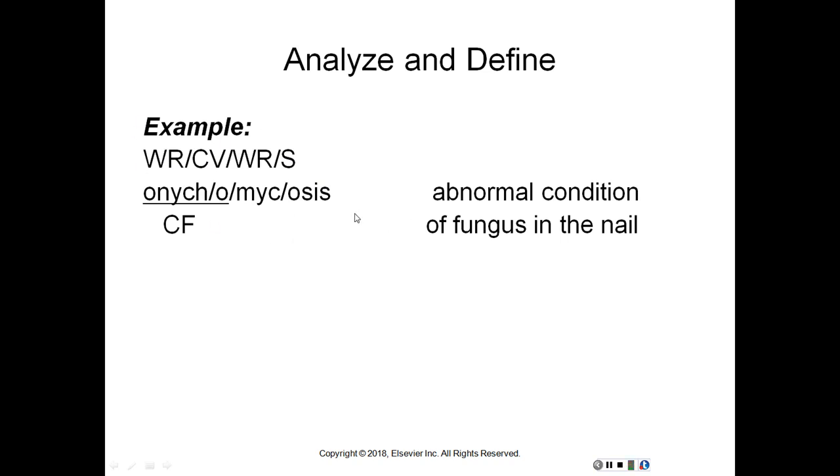Again, here, if you did it exactly, abnormal condition, start with the beginning would be nail, and then myco is fungus. So they're flip-flopping those two words. But again, either way, it still makes sense. You can easily determine what the patient has either way, so we are good with them flipping around nail and fungus. It's okay.